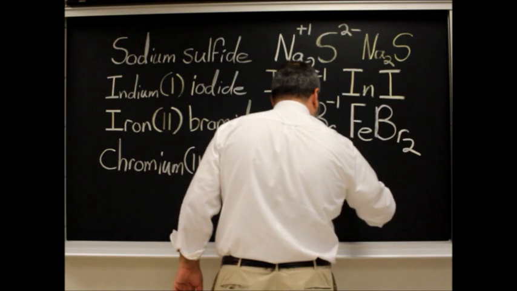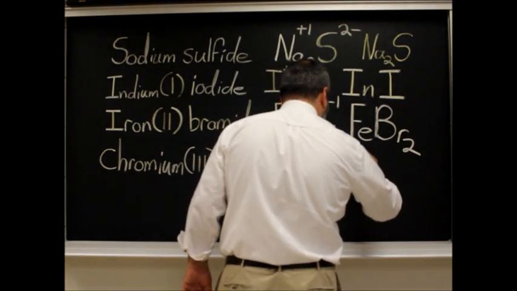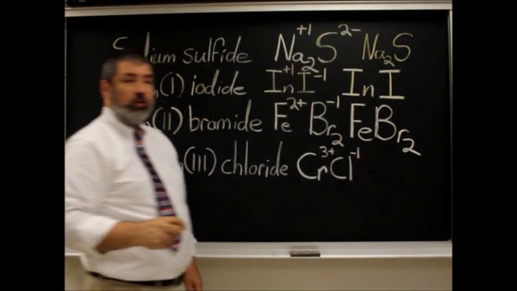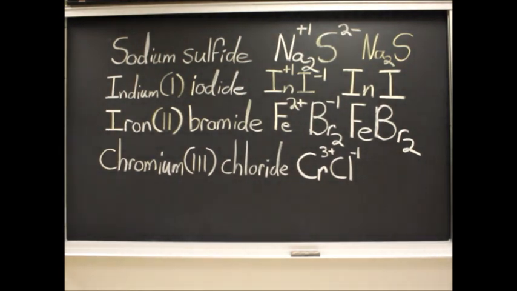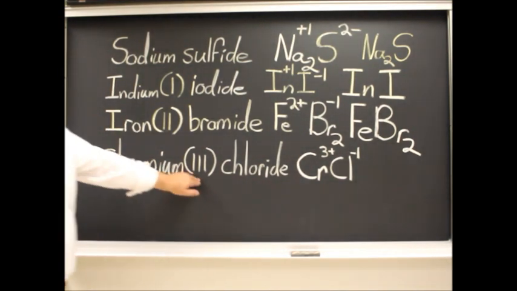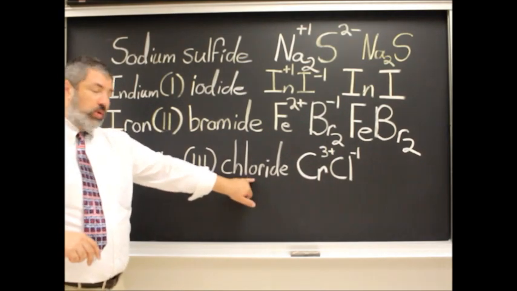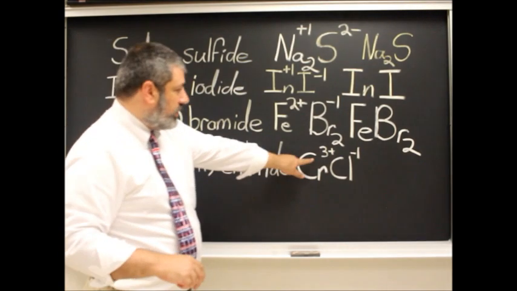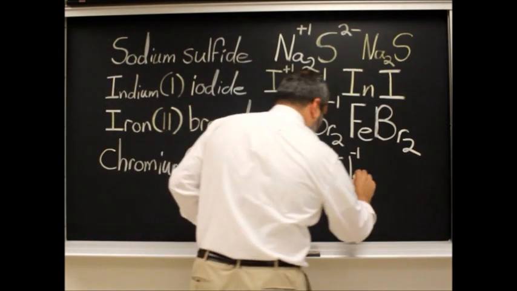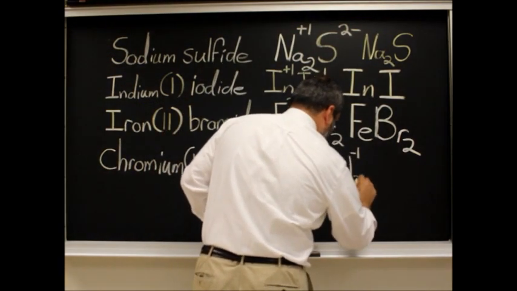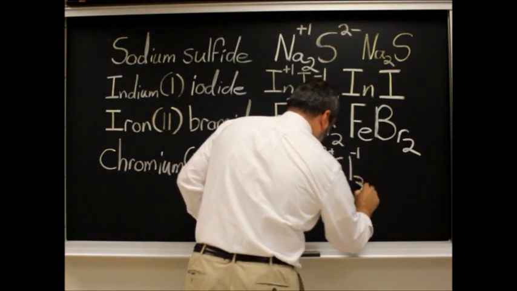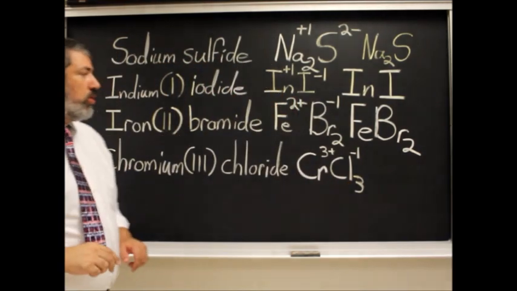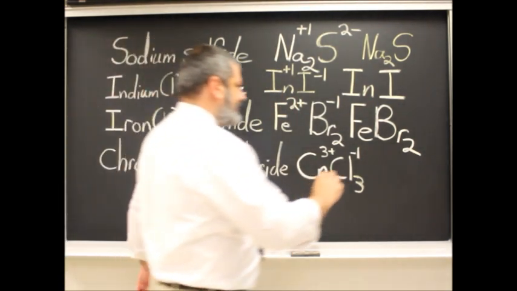Chloride. And again, chloride is in group 17, like iodide and bromide, and so it's also going to have a -1 charge. Chromium 3 chloride. Chloride is from chlorine. So +3, -1, we cross multiply, and we're going to have 3 chlorines to 1 chromium. So CrCl3.